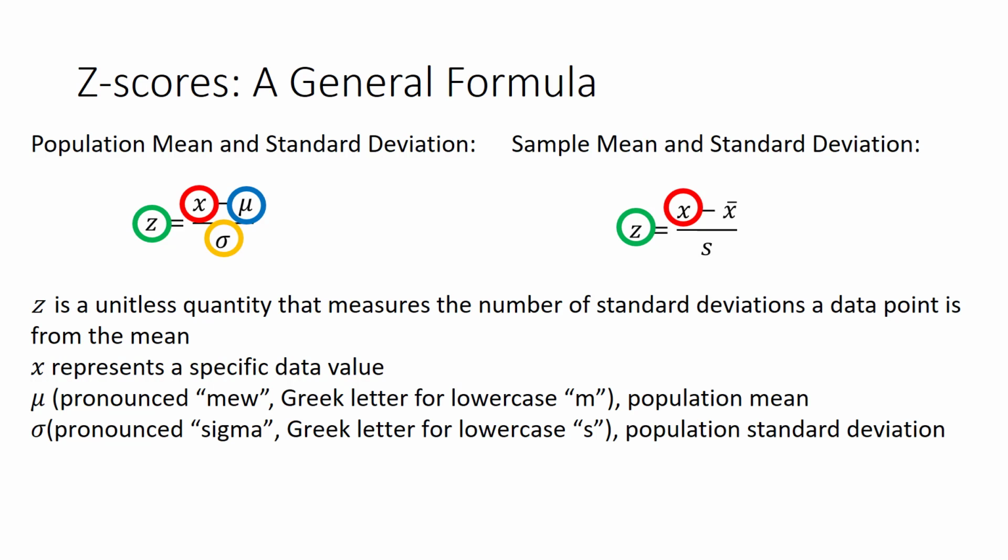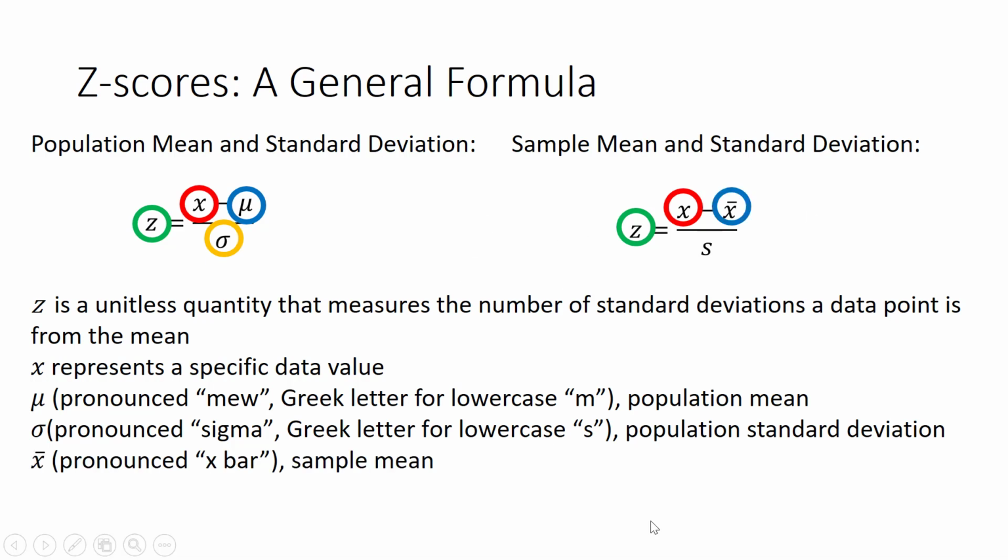Also under the population mean and standard deviation, we have this symbol down here. It is actually the lowercase Greek letter for S, and it's called sigma. So it makes sense that the S letter would stand for standard deviation. So sigma is the population standard deviation.